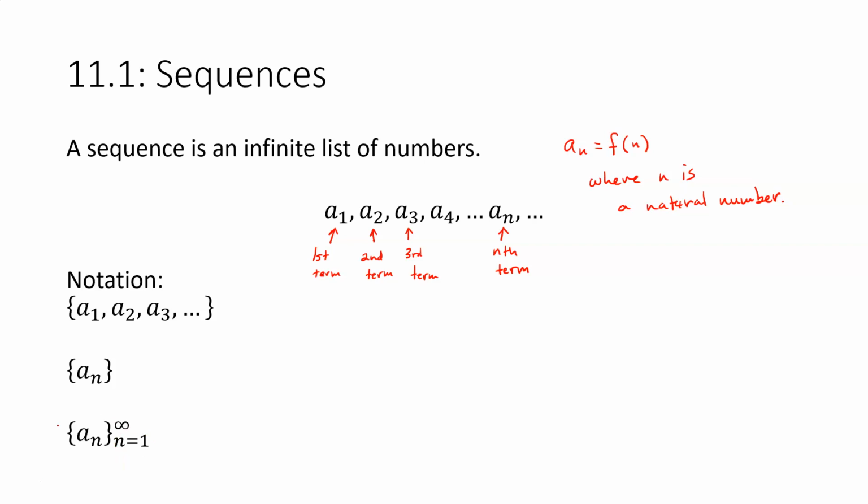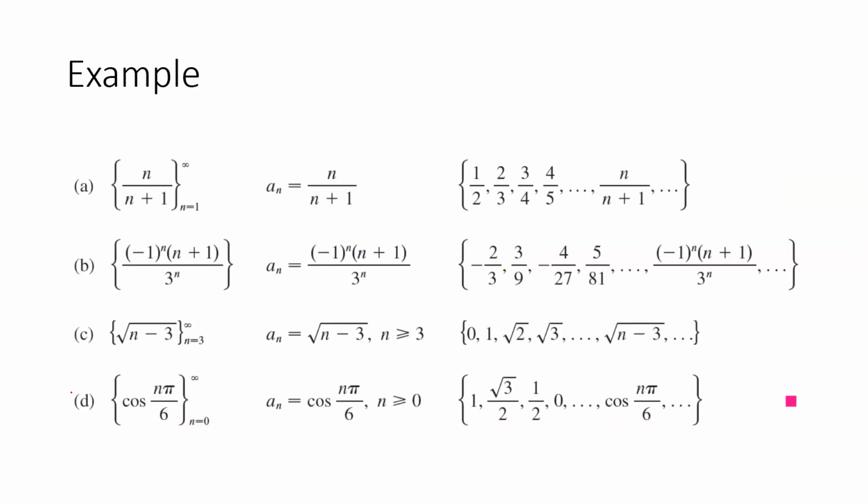So let's just look at a couple of simple examples. And here we're looking at it in a couple of different notations. Notice in this first notation, for the first one, we've got the nth term formula n over n plus 1, ranging from n equals 1 to infinity. And here's that nth term formula, an equals n over n plus 1.